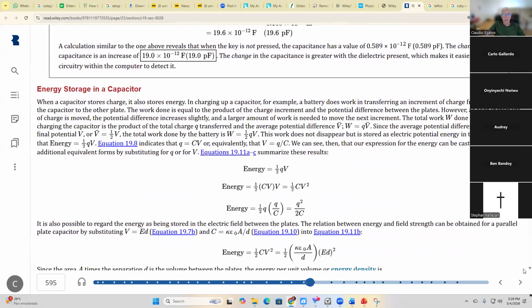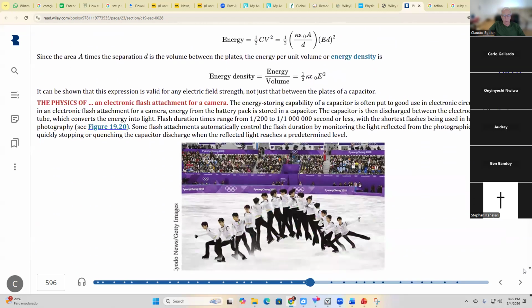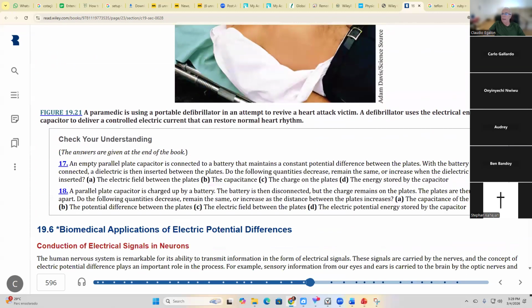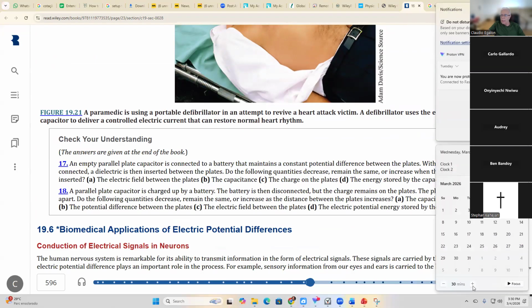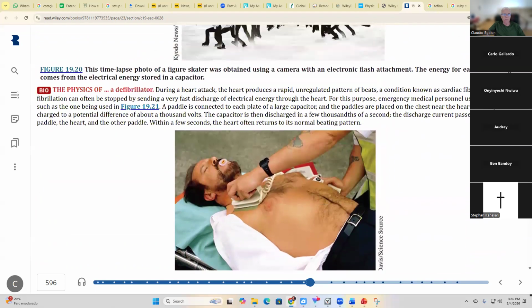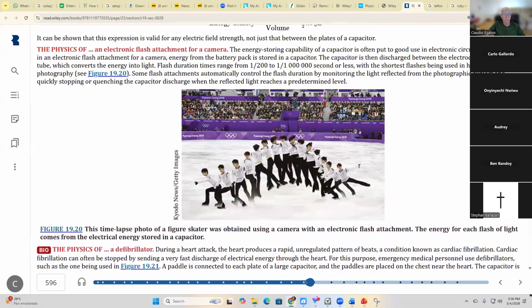Energy storage in a capacitor. Let's cover that. We need to cover that as well. Yeah, okay. That's the only thing we need to cover. It's already 10:30, right? Let's try to cover that quickly so you can finish this chapter for the exam.